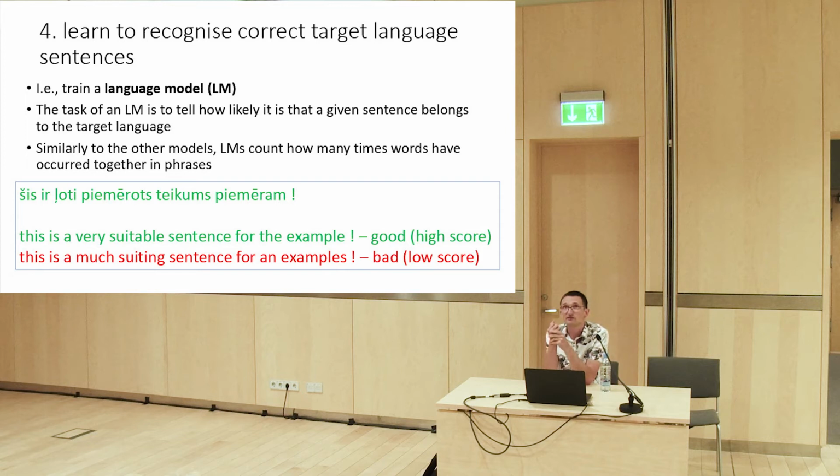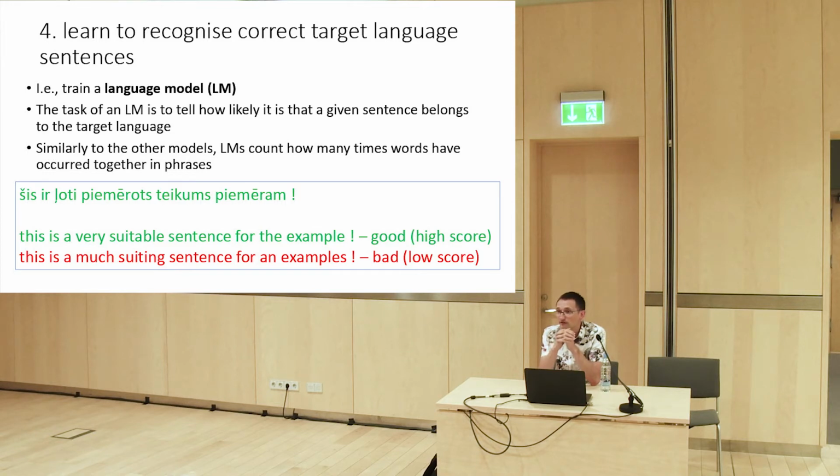For SMT systems, the data for language model training would often be much larger than the parallel data that we have, so that the language model is able to better evaluate sentences or hypotheses that we show it. And the task of the language model is simply to tell how likely it is that a given sentence belongs to the target language.